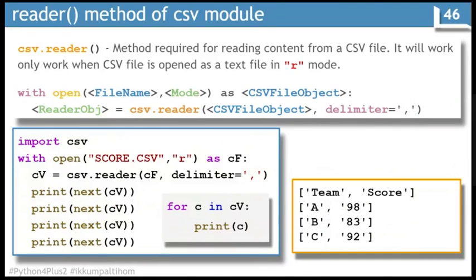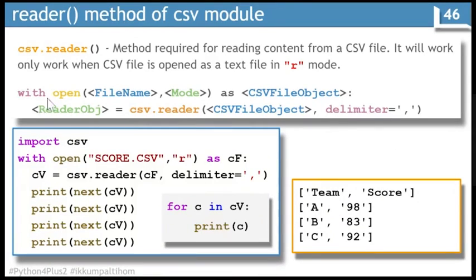Now, for performing operations on CSV file, if you want to read the content from a CSV file, the method required for reading the content is going to be csv.reader. It will work only when CSV file is opened in r mode. r means read mode. So you will be opening it like this.